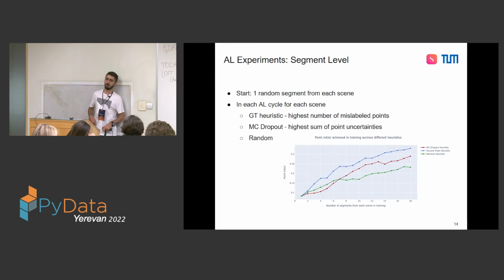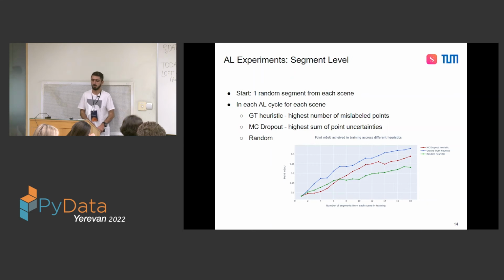The next experiment is slightly different from the previous one. We start with one random segment from each scene in the unlabeled pool, and then in each active learning cycle, the ground truth heuristic again selects one segment from each scene in the training pool, the one with the highest number of mislabeled points in that segment.